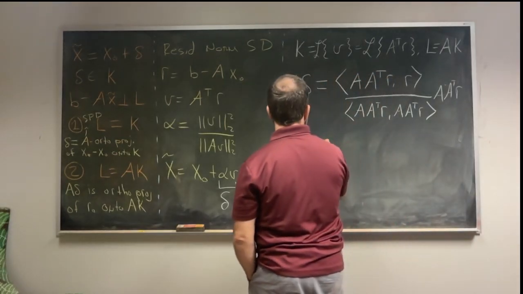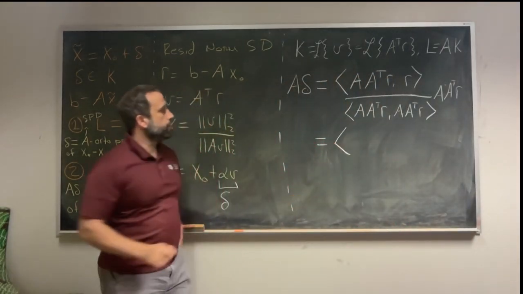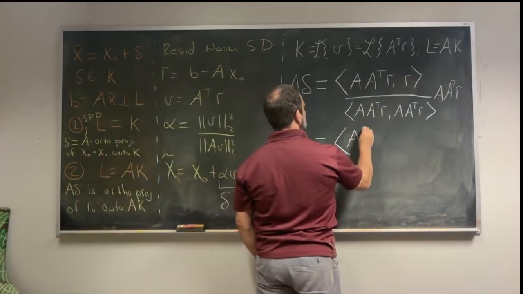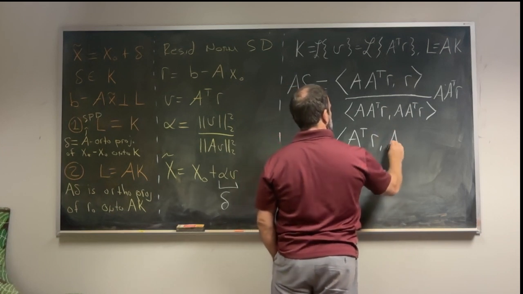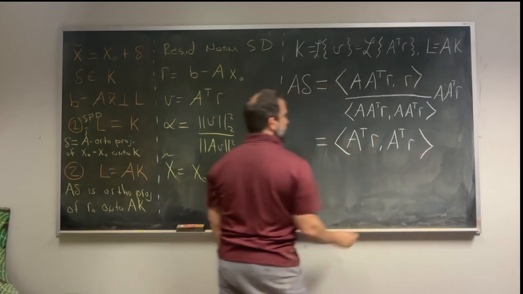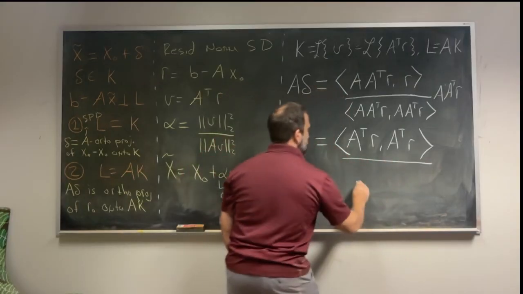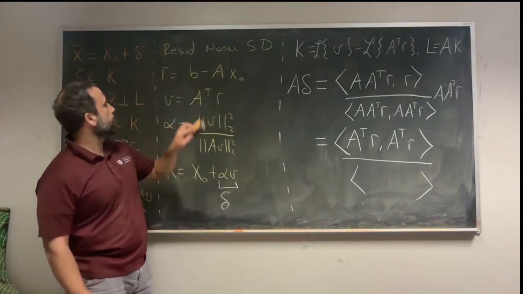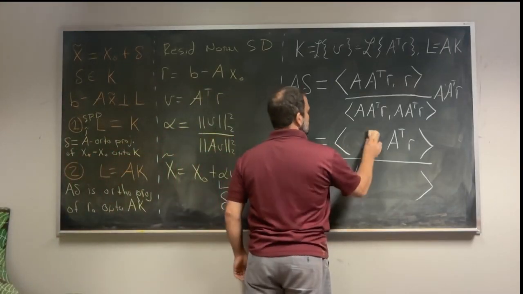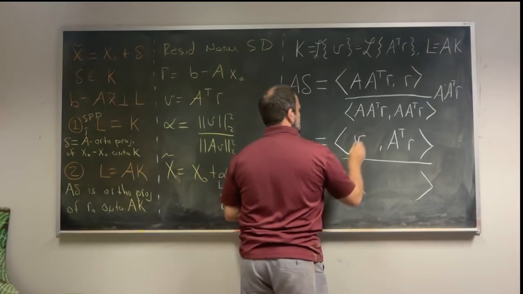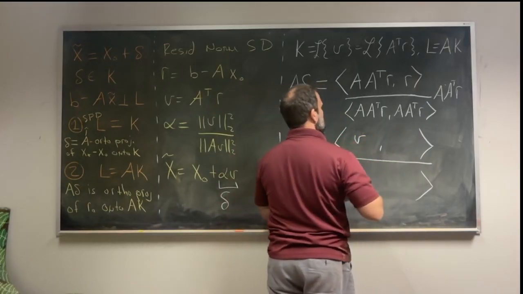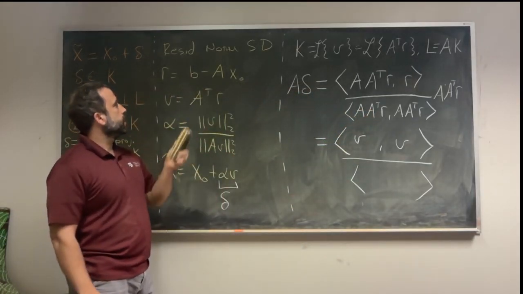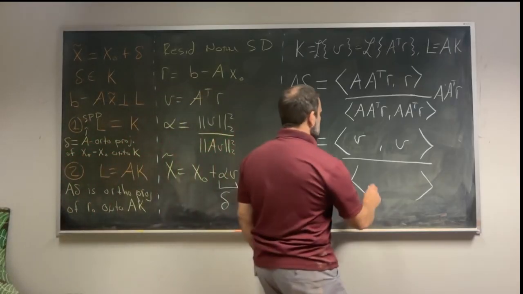Okay, now what we're going to do, well, these are just the normal inner products, so the transpose could move over there. So we're going to have A transpose R, A transpose R, divided by, I'm running out of room here, so I'm going to have to erase some stuff. A transpose R, that's just V. So I can write this as V. A transpose R, again, is equal to V, so I can write this as AV.